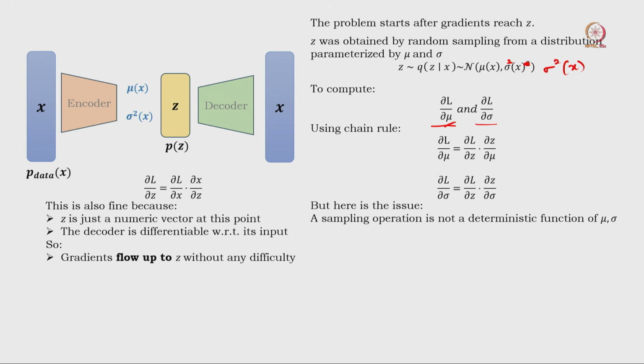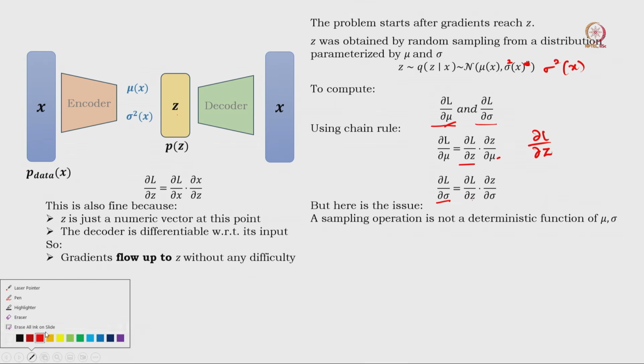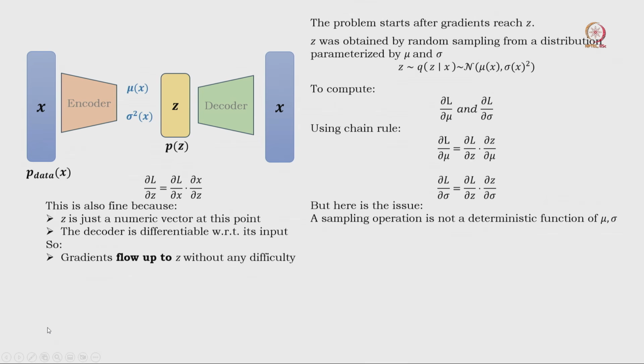You take the derivative of loss with respect to Z first, and from Z you can reach mu. Similarly, this term is written as the derivative of loss with respect to Z and Z with respect to variance. This is how we compute using the chain rule.